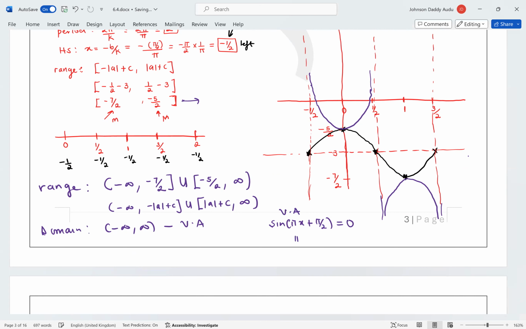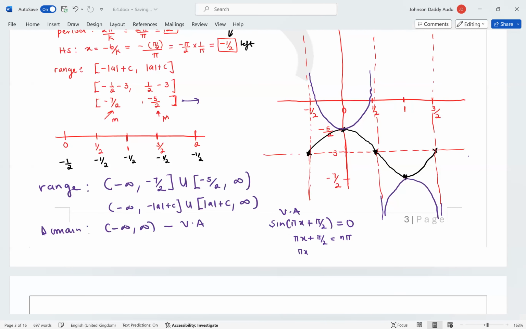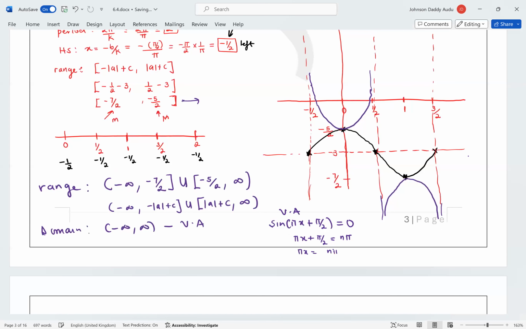And what does it mean? This means that pi x plus pi over 2 has to be n pi. Yes, because we know that if sine x is equal to 0, then x is equal to n pi. So from here, you get your formula for x. So you can see that pi x is just going to be n pi minus pi over 2, right?